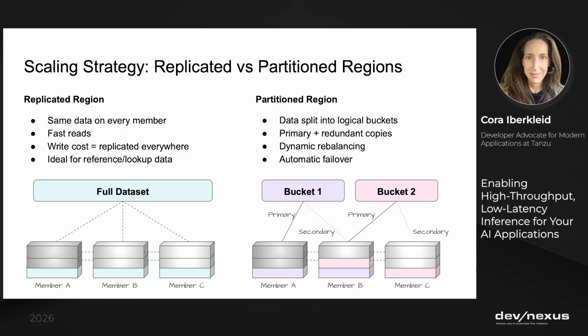Your client can talk to any one of them, and it will be equally fast on a read. Or you can choose, maybe you don't want to write your data 100 times. You only need 2 or 3 replications, so you can choose what's called a partitioned region. Your data will be replicated on just a few members, and in that case, one is designated as primary and the others are secondary.